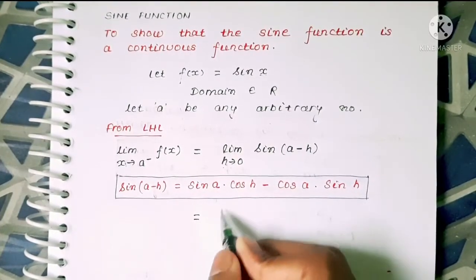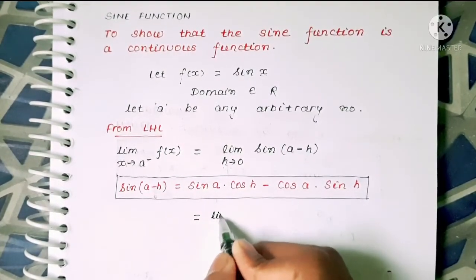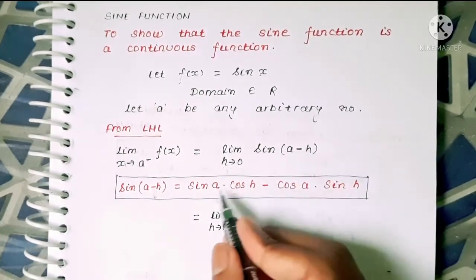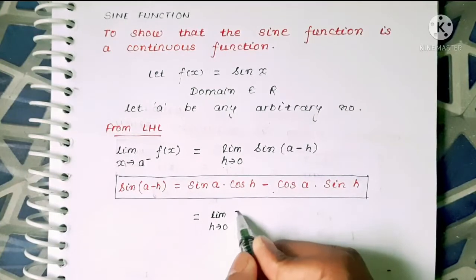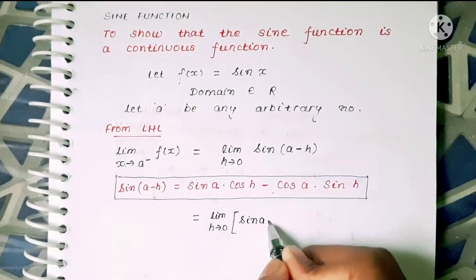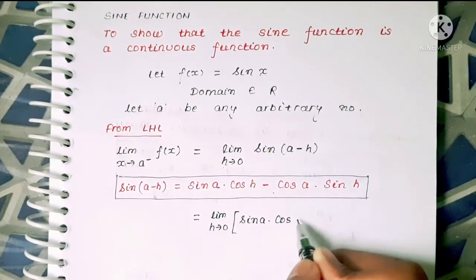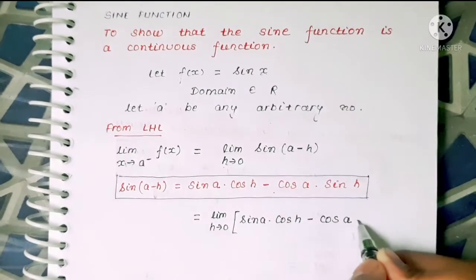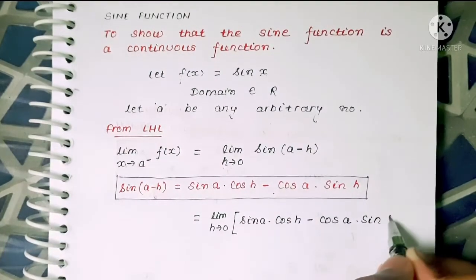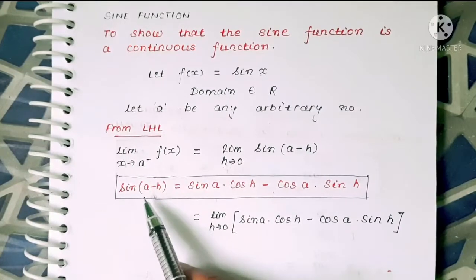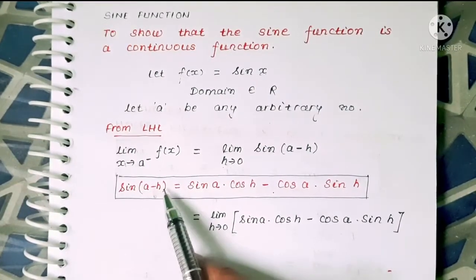So here we go. Limit h tends to 0, sin(a minus h) equals this one. We will write sin a into cos h minus cos a into sin h. This one is the formula, I have directly put it in place of x minus y.